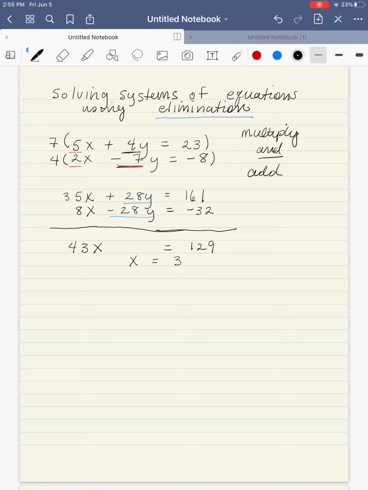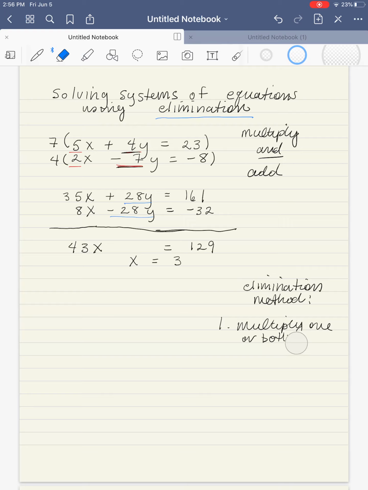So to use the elimination method, we are going to multiply one or both equations to get the same coefficient.